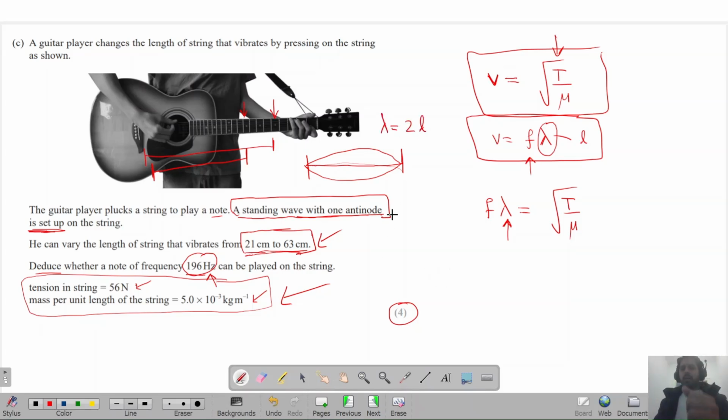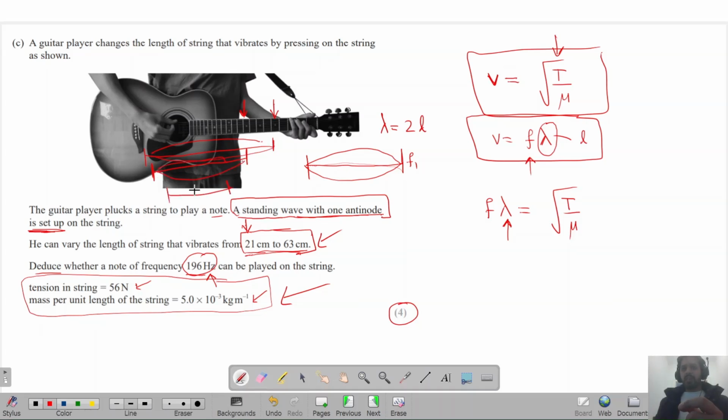By the way, you should understand that when we change this length from 21 all the way to 63, we can use any length by pressing at different positions. The shape of the standing wave will not change, okay? We are still producing the same first frequency, but because we are creating it with a different length of the string, the frequency will be different, okay?